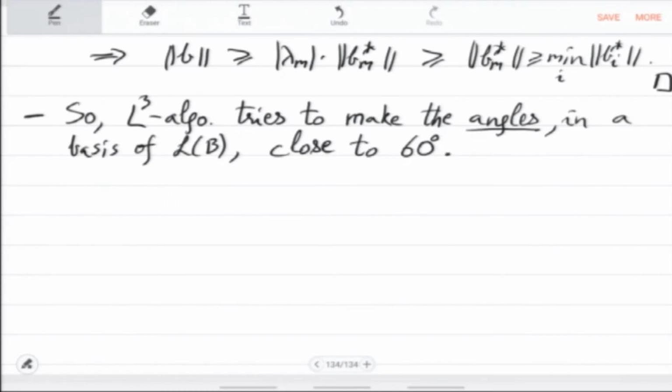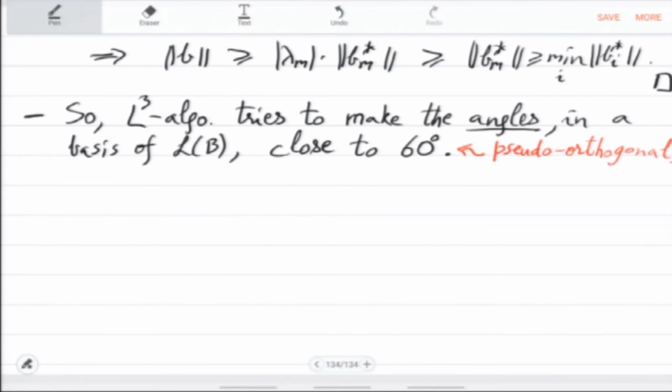So instead of trying to achieve 90 degrees, which is what orthogonalization is, the L cube algorithm actually tries to get to 60 degrees. So you can call this pseudo orthogonalization. It tries to pseudo orthogonalize the basis of the lattice because an orthogonal basis may not exist.